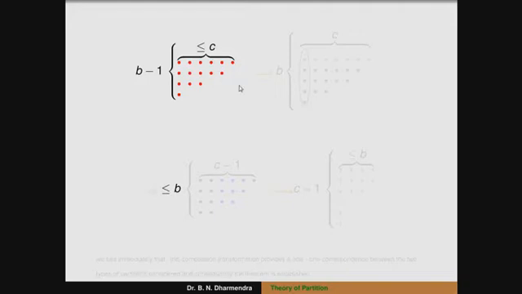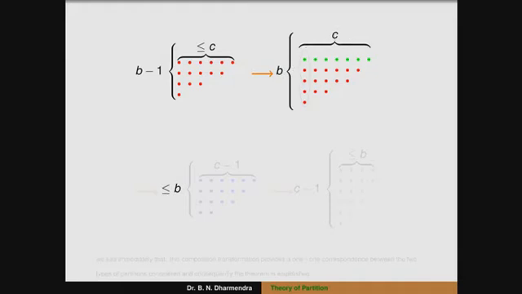You can observe here the same partition, the red dots, the red nodes, and we add a row of C nodes. We can observe here the green dots are that C. So definitely the number of rows is B, and the number of columns is C.